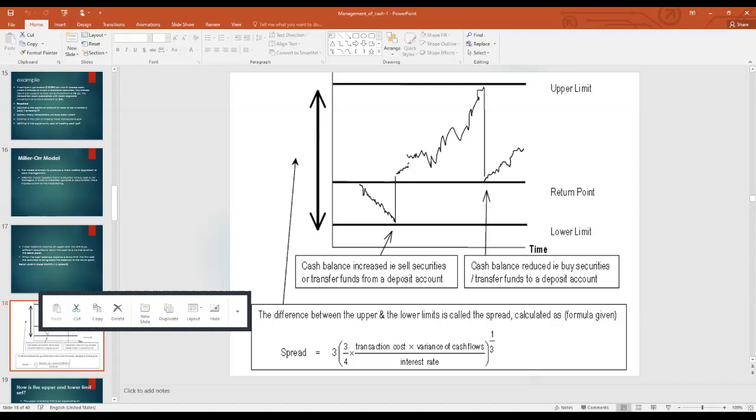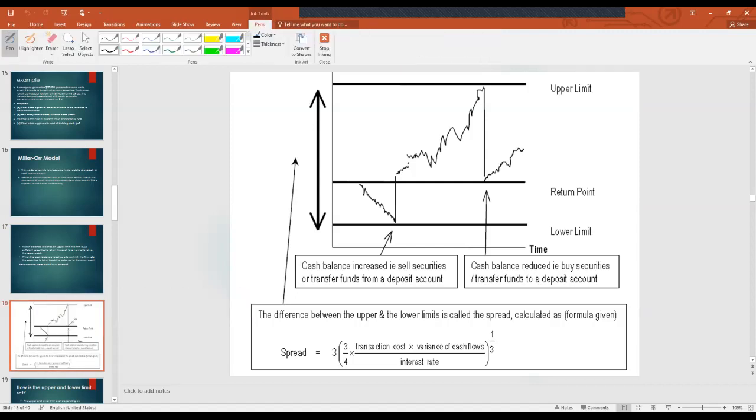Just representing a graph, we will see that the cash balance should not be above the upper limit, and the cash balance should never be below the lower limit. Those are the limits I was talking about.